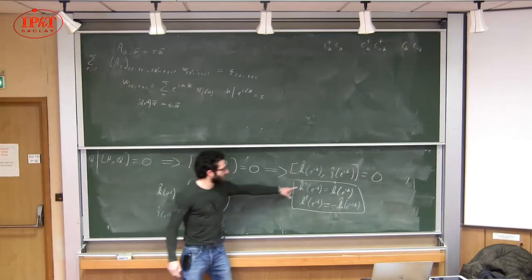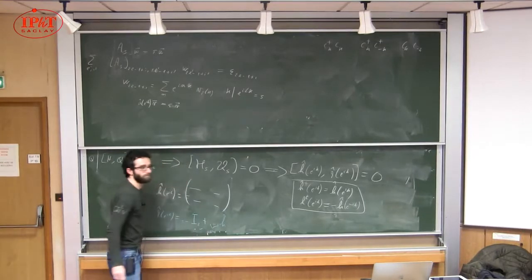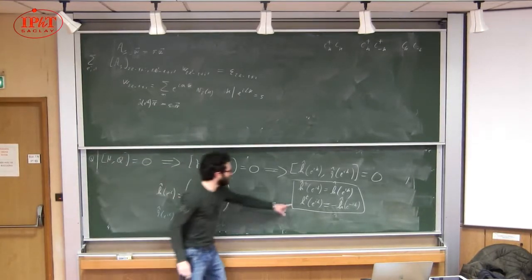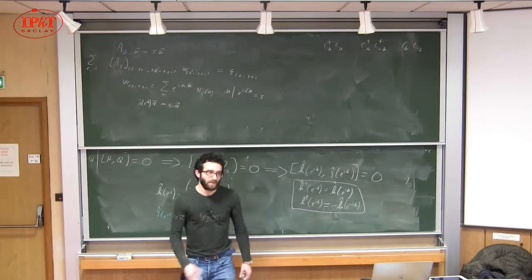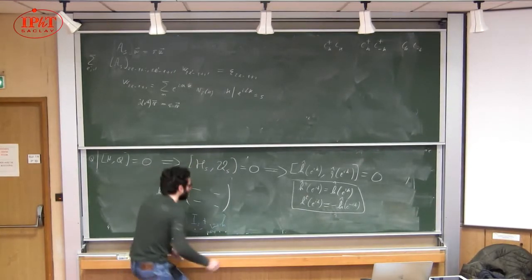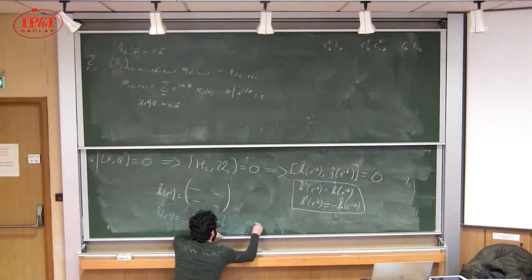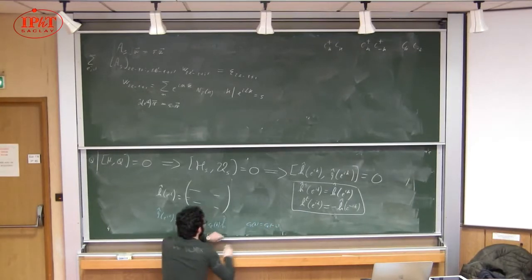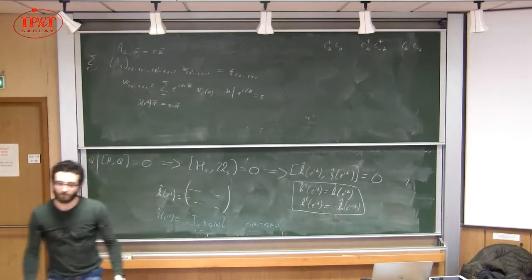H already satisfies its properties, so here you can put almost anything. The only thing you must be careful about is that it cannot be odd when you invert k to minus k. So here you can only put some even function of k, say a coefficient C2 of k, where C2 of k equals C2 of minus k. You can check that if H satisfies this property, this term also satisfies it.